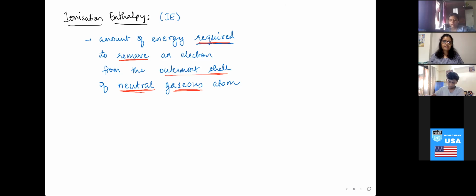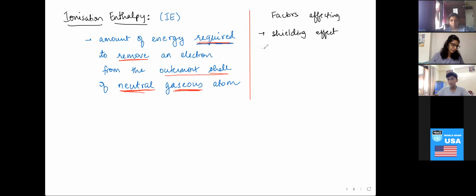The factors that affect ionization enthalpy trends will be, so the factors affecting are, the shielding effect coming into the picture, then the nuclear charge. You have to take all of this into consideration when you're figuring out the trend. In some cases, one of these factors will dominate; in another case, a different one will dominate.